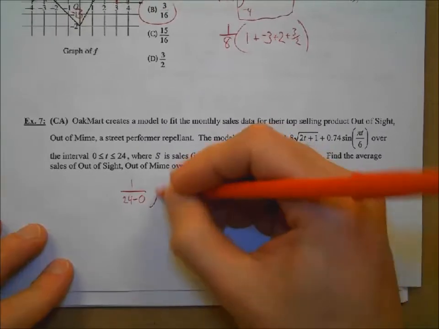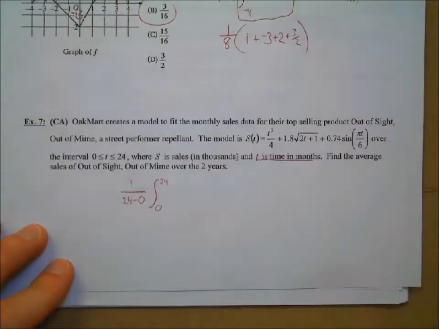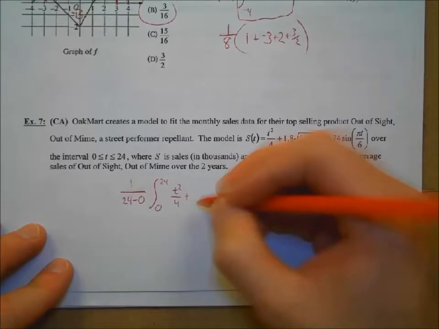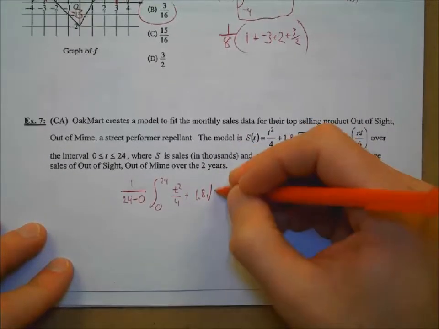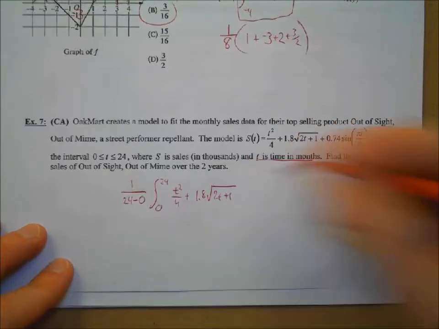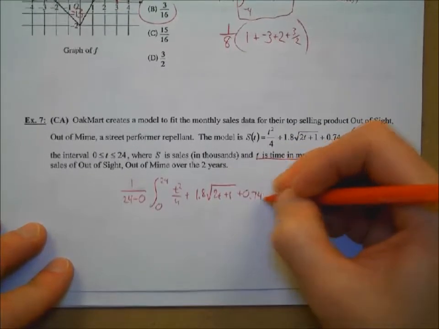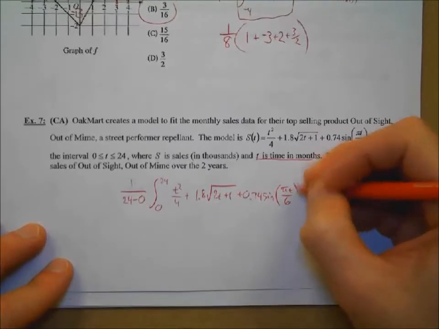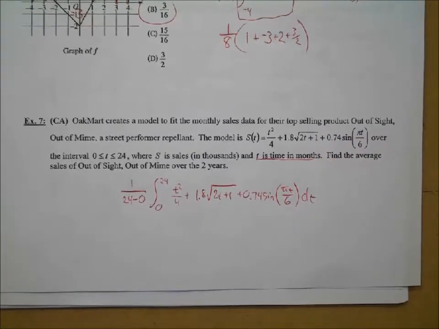Right. And then from 0 to 24 of t squared over 4 plus 1.8 square root of 2t plus 1 plus 0.74 sine of pi t over 6 dt. All right.